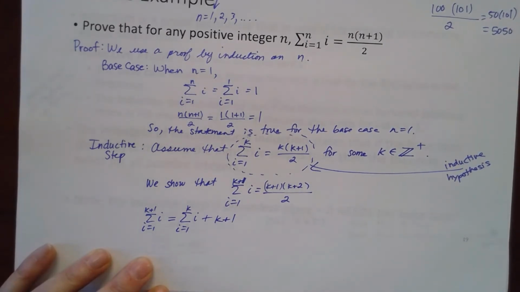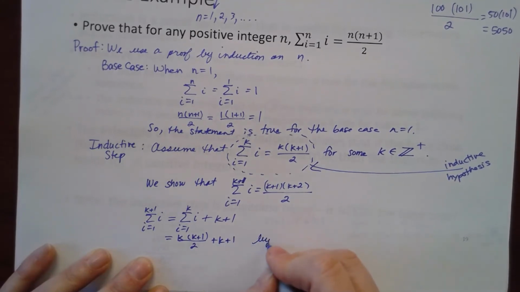And now I go, oh, I was following the path of what would happen if the sum from i equals 1 to k of i was this thing. So I'm just going to take that value and substitute it in for this summation. So I'm going to have this be k times k plus 1 over 2. And this is by the inductive hypothesis.